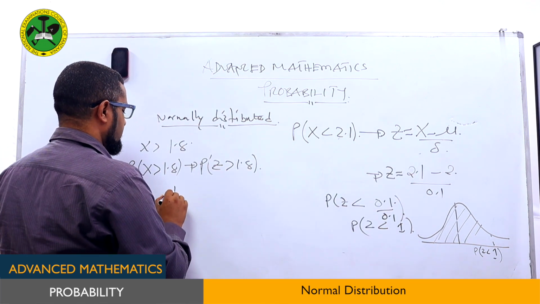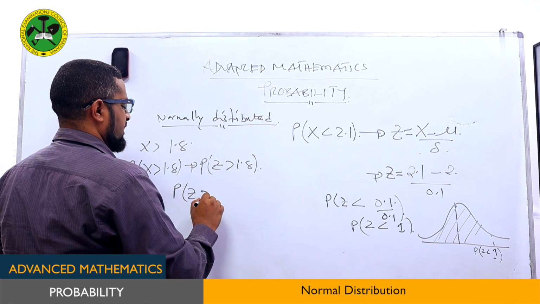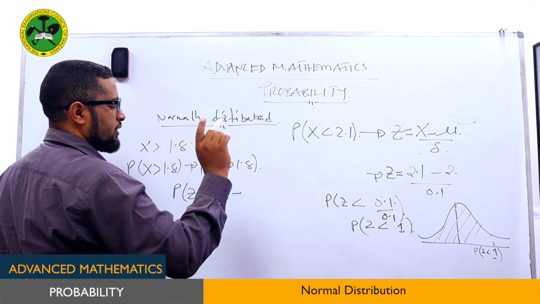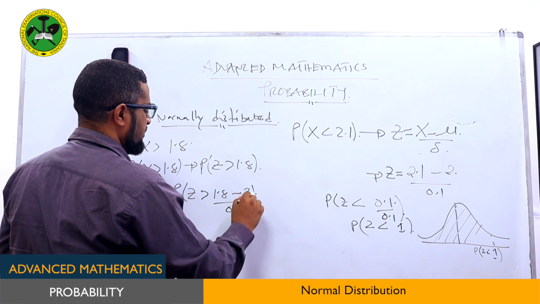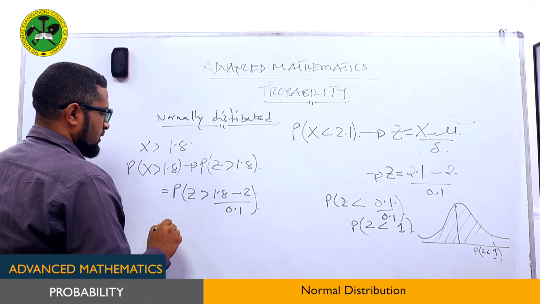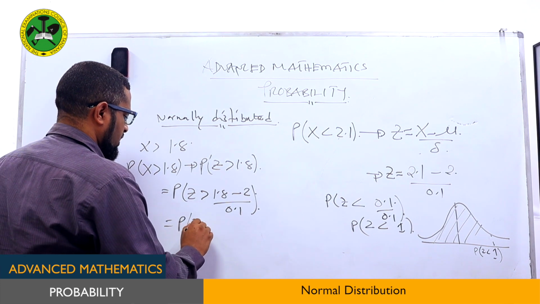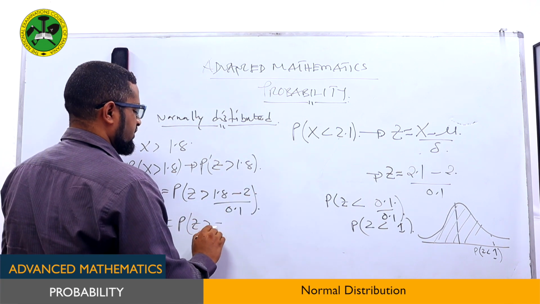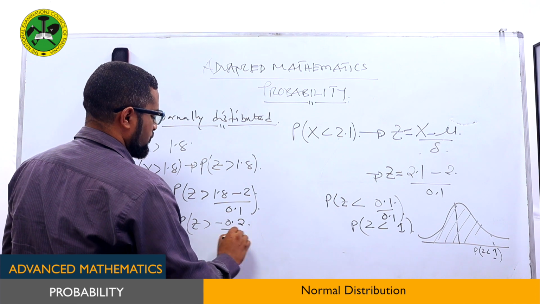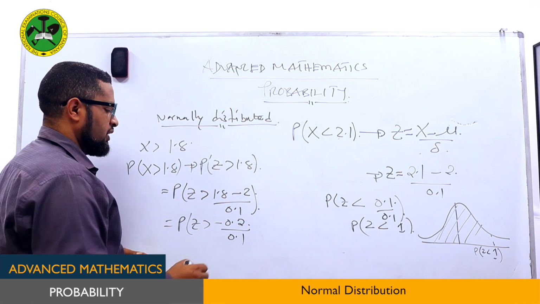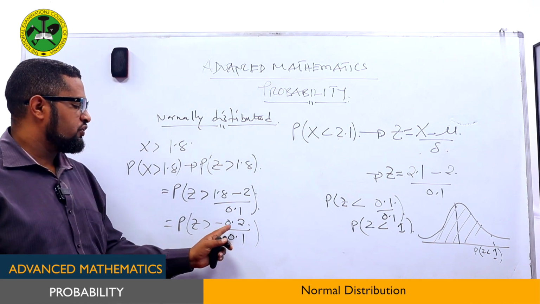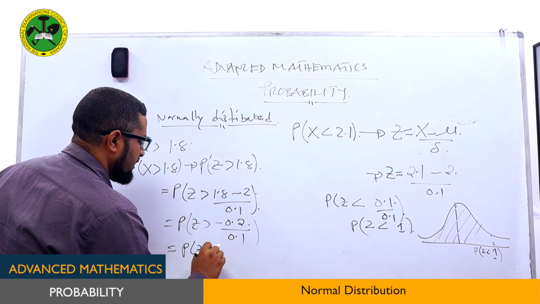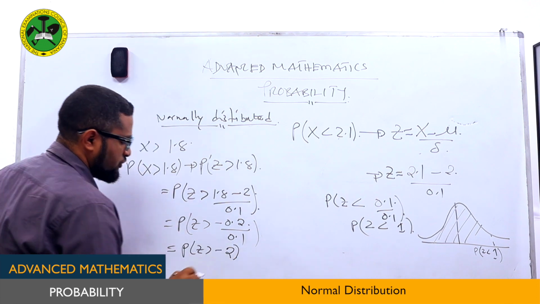So it is the same as writing the probability of z greater than, with the formula x minus mean, so 1.8 minus our mean, 2, divided by 0.1. Now take your calculator and simplify. 1.8 minus 2 is negative 0.2, divided by 0.1. If you divide negative 0.2 by 0.1, it gives you the probability of z greater than negative 2.